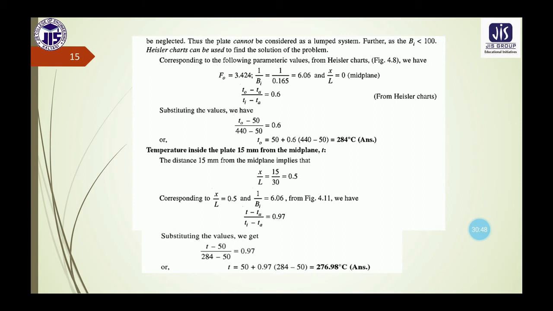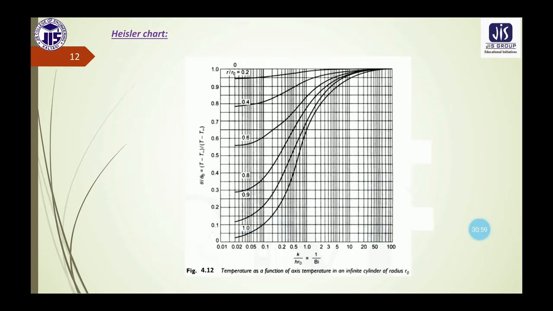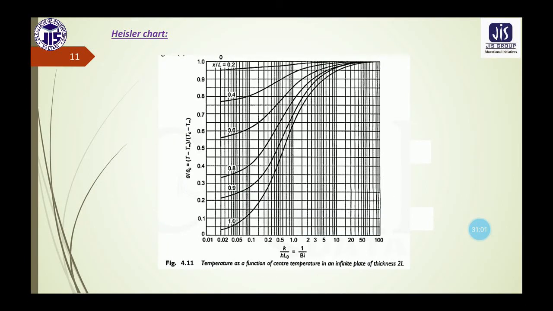So which chart will we use now, when x by L is given as 0.5 and 1 by Biot number is 6.06? In that case, we will use this chart. So x by L is 0.5 and 1 by Biot number is 6.06.